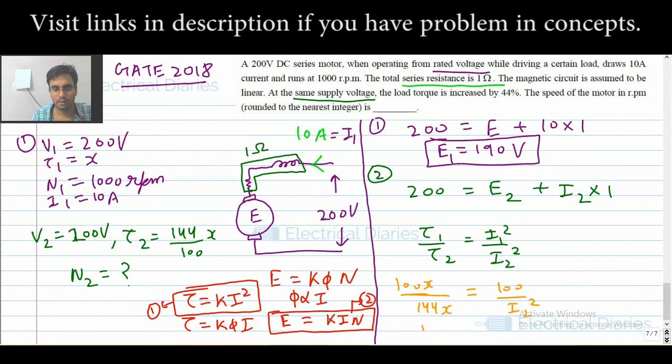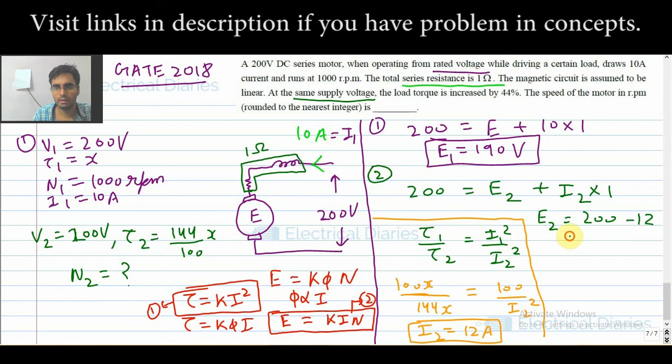From here I will get I2 as 12 amps. Now I put this I2 in the KVL equation, so E2 will be 200 minus 12, that is 188 volts.